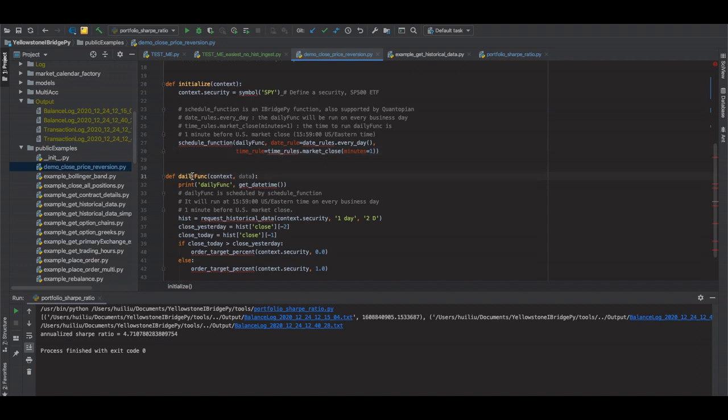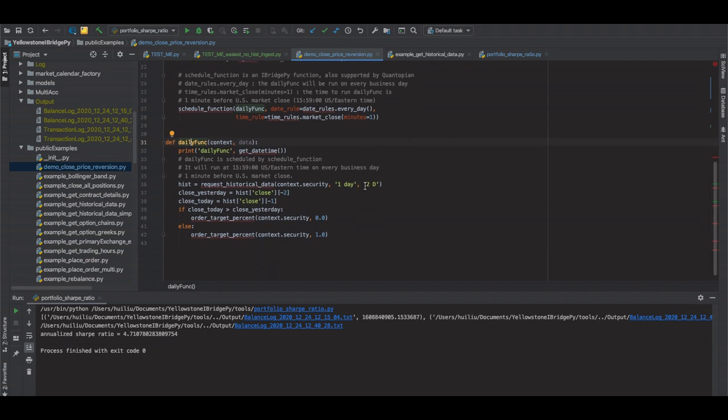So this function will be triggered 1 minute before market close every trading day, which is 3:59 p.m. Eastern Time, because the US market closes at 4 p.m. And we assume the price at this moment will be very close to the real close price.